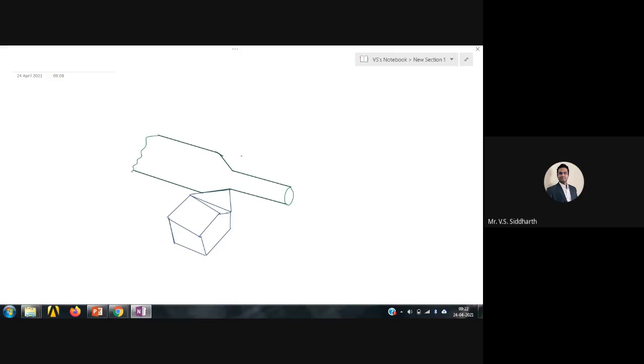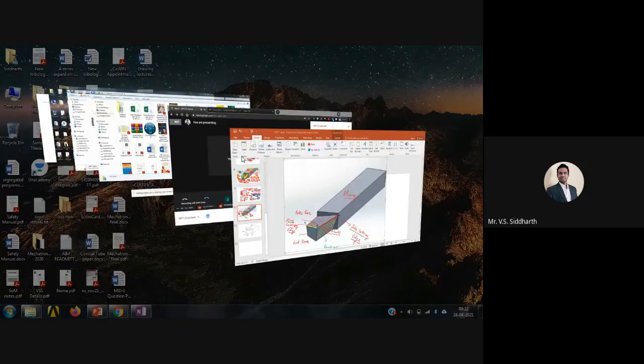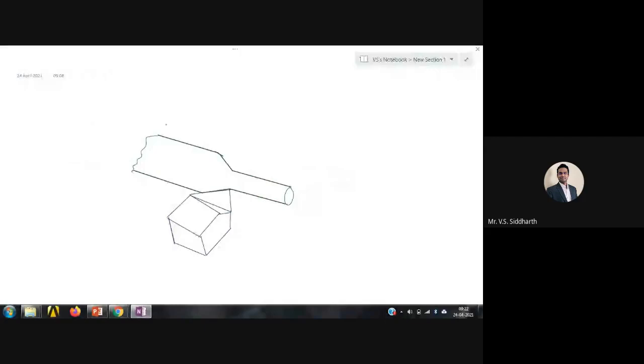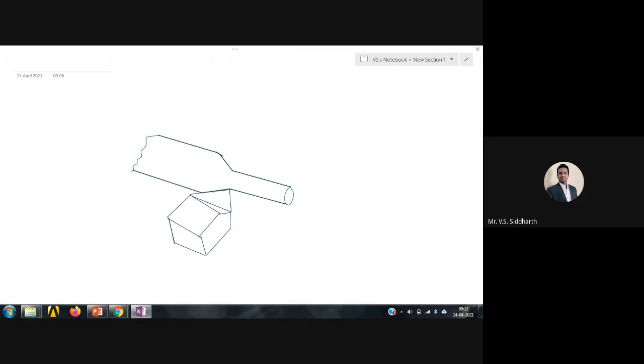Now you tell me which edge should I give the names 01 and 02. Here I have already given the names. So here, this is 0, this one is 1, and this one is 2.